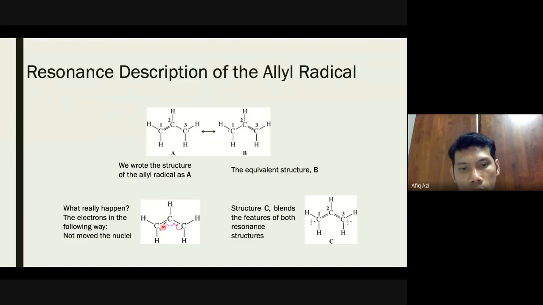And the original electron shared between carbon number 1 and carbon number 2 will now act as a radical, an unpaired electron over here. So structure C over here blends the features of both resonance structures. The dotted line means that it is partially bonded, half, so they are sharing half of the electron.